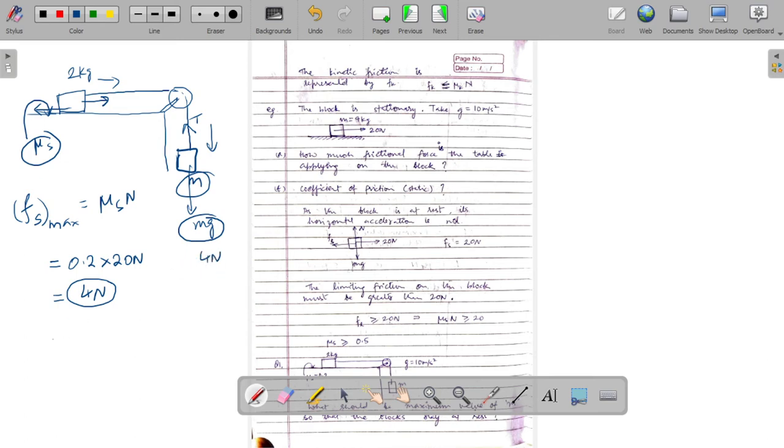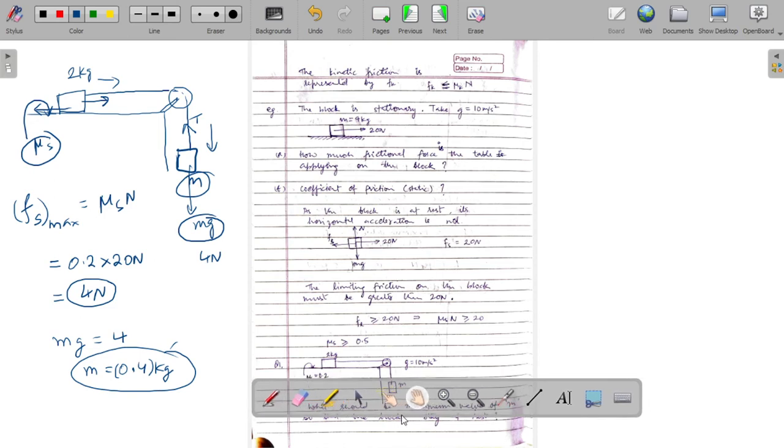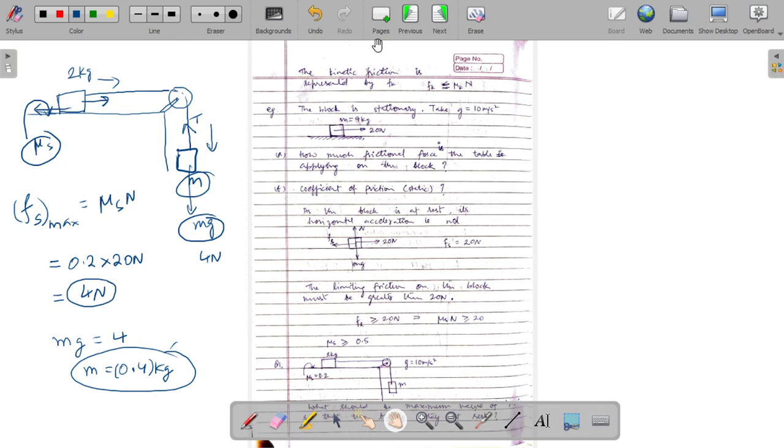So mg is equal to 4, or the maximum mass we can hang from this string so that the blocks remain at rest is 0.4 kg. If the masses are below that, the system won't move, and static friction won't have to act at its maximum value to balance this force. If m goes beyond this, then definitely motion will happen.